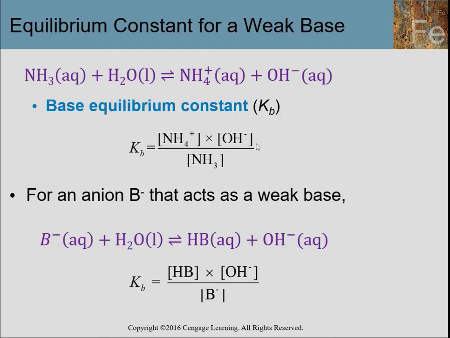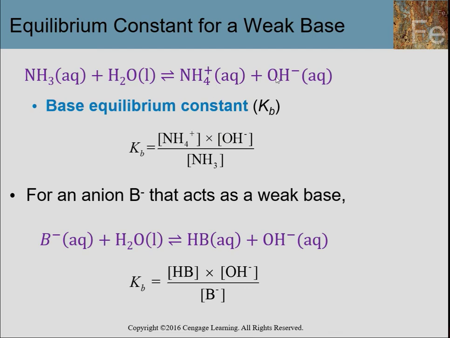Now let's notice the similarities between the two, between what we did before. When we had Ka, it was the hydronium times the ion divided by the acid. Well, this time it's hydroxide times the resulting cation divided by the base.